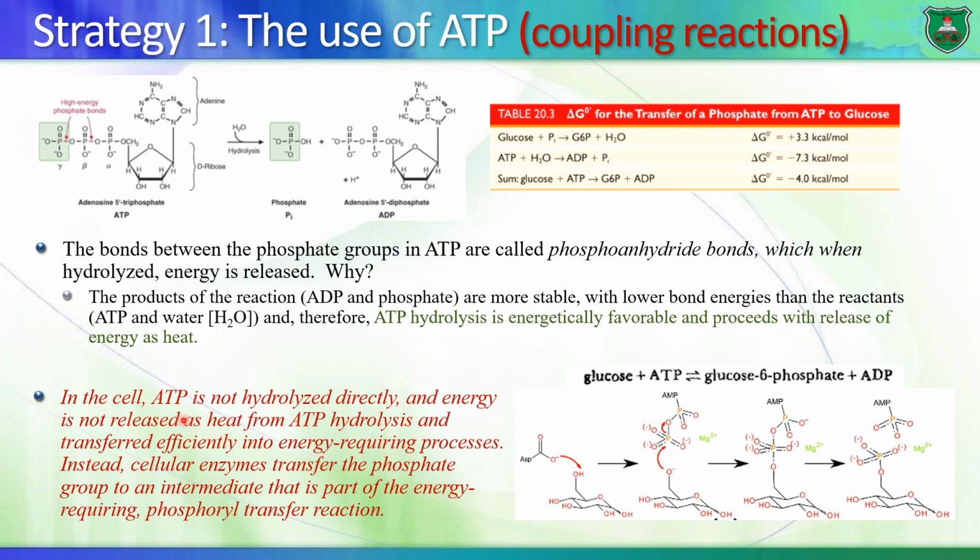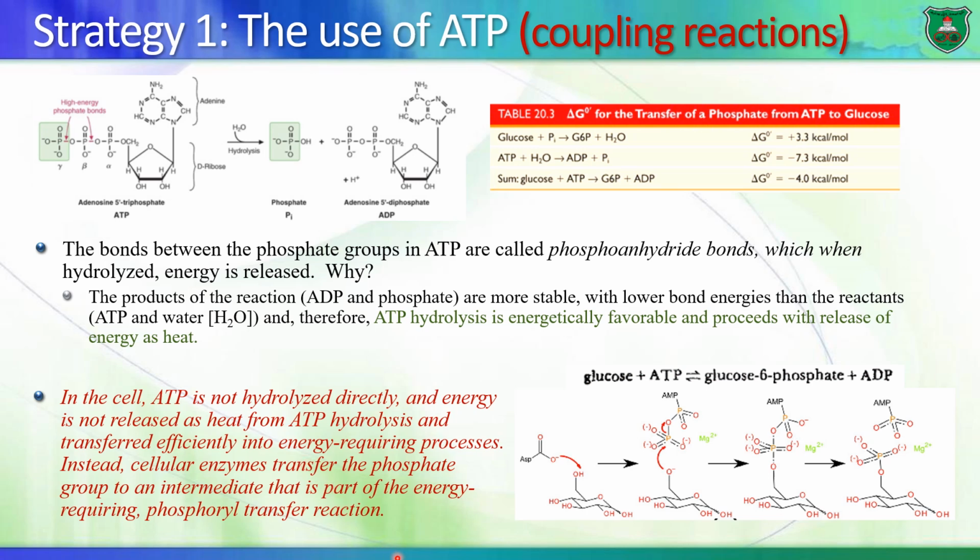Now, in cells, ATP is not really hydrolyzed directly, and the energy is not released as heat as a result of ATP hydrolysis. Rather, this energy is transferred into another reaction that requires energy. Okay?